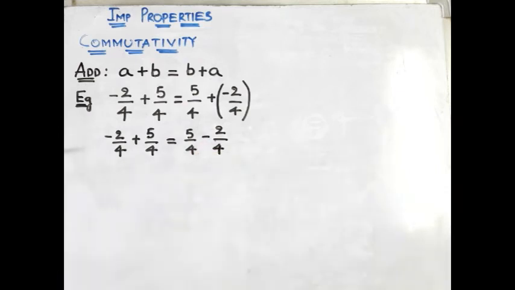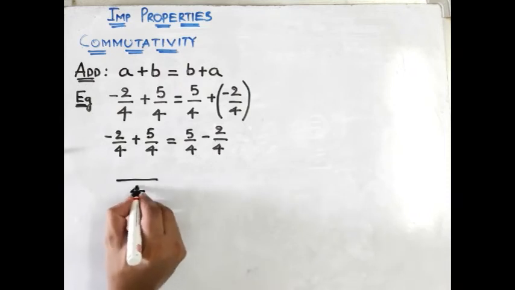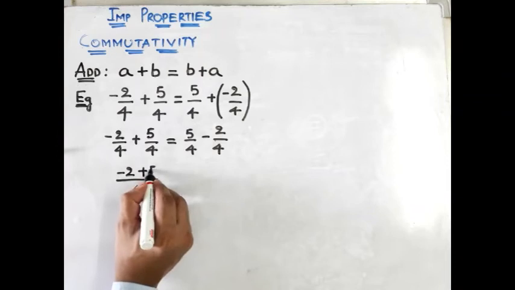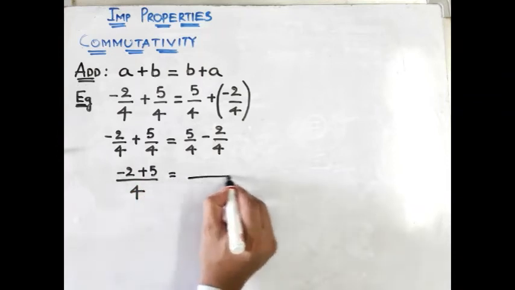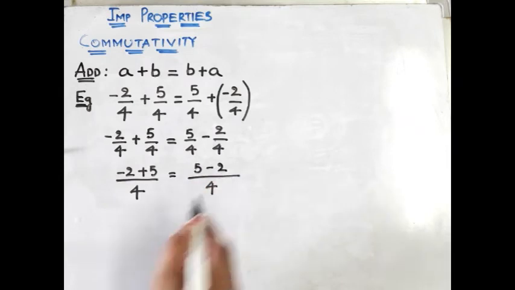Here both the denominators are same, so we can directly apply the binary operation: minus 2 plus 5. Here also the common denominator 4, 5 minus 2.